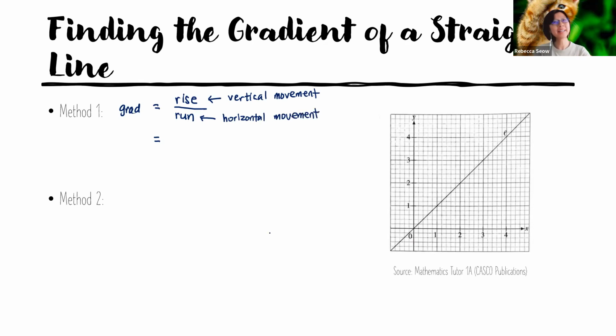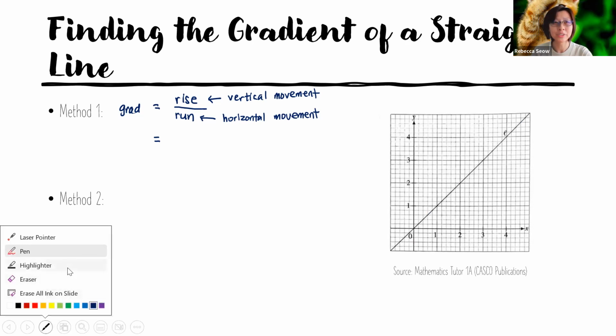Okay, with this in mind, let's consider how we may find the gradient based on rise over run. Let's take a look at the straight line on the right-hand side of the page.